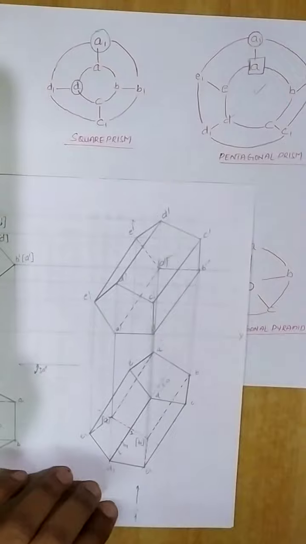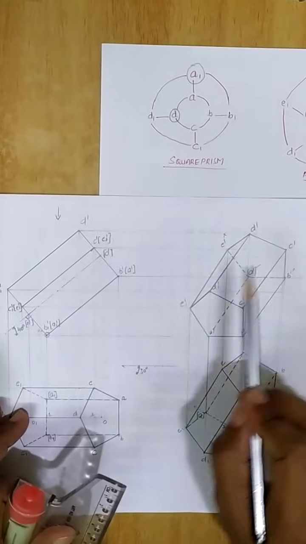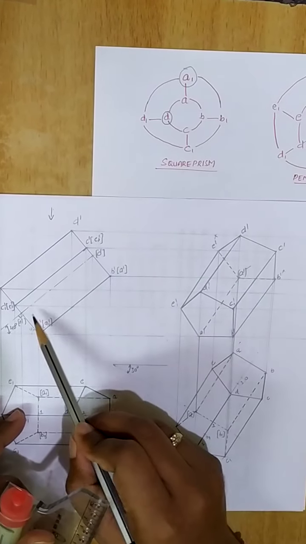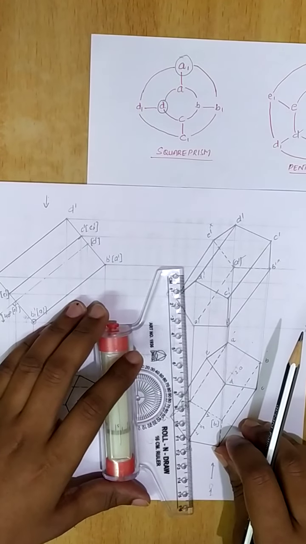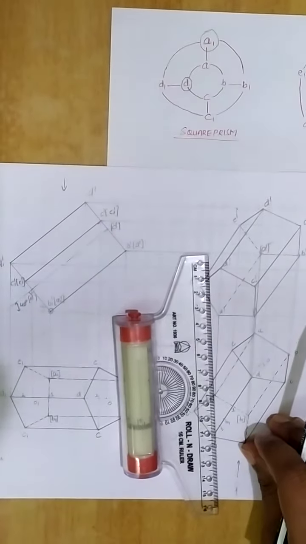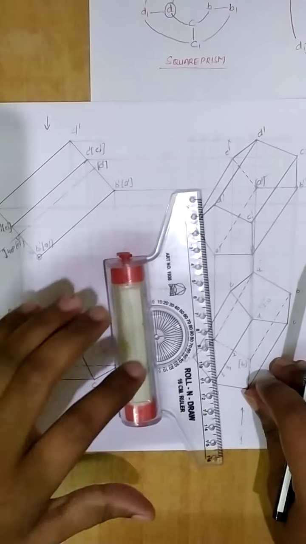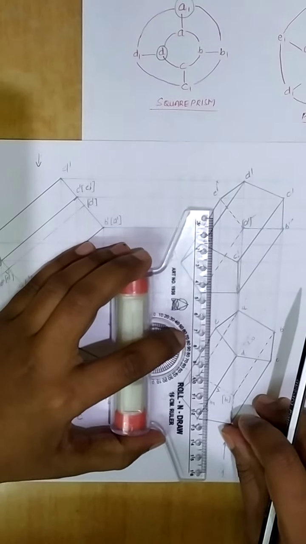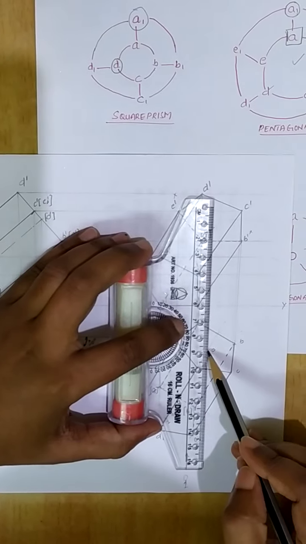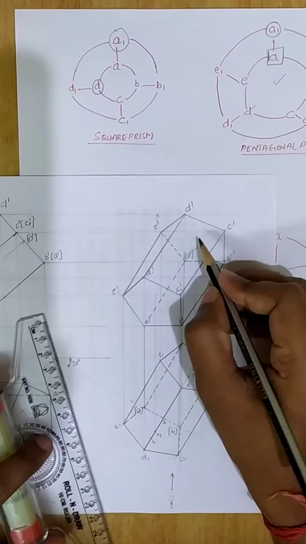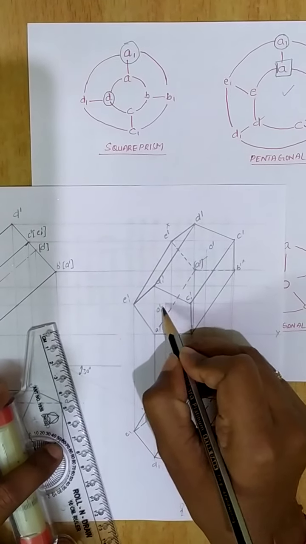The only thing that is missing is your axis points. Take the projections. I have already taken the horizontal projections from O and as well as O1. Now I will take the vertical projections with respect to O1 as well as with respect to O. The point where it touches will be O dash, and here we will get O1 dash.